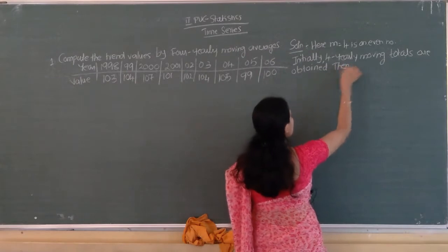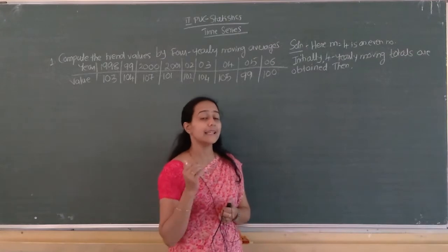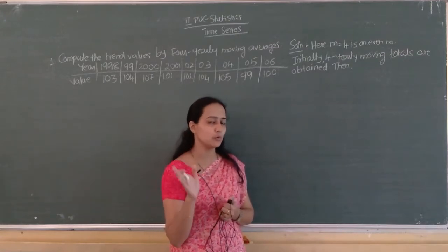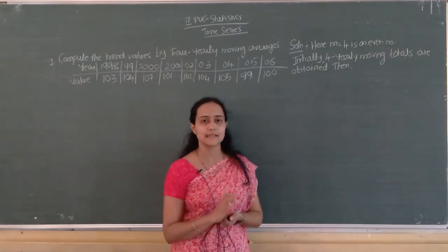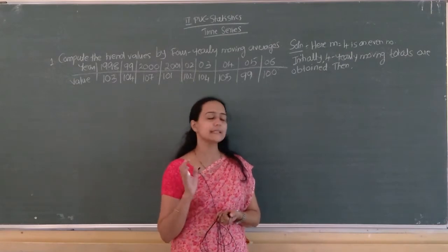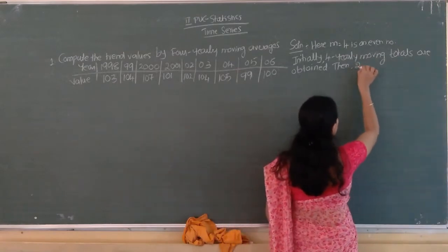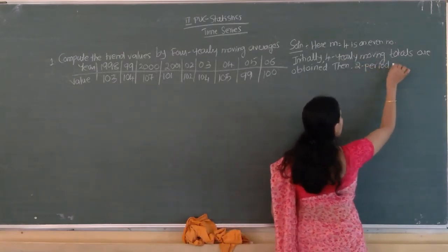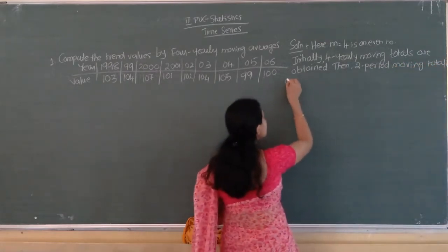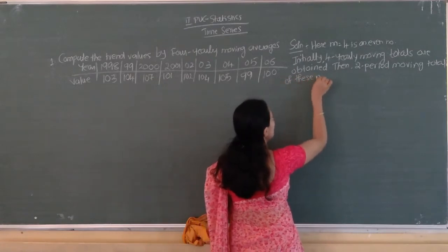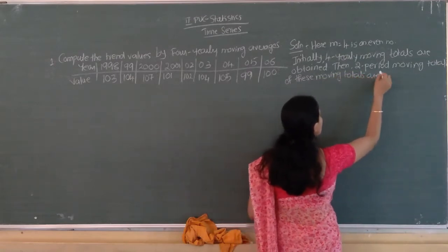Then 2 period moving totals of these moving totals are obtained. Then again we have to find 2 period moving totals, because if we directly find trend values, they don't coincide with the actual time period. So in centered moving averages, this is the method we follow.